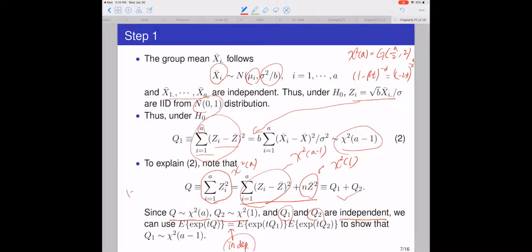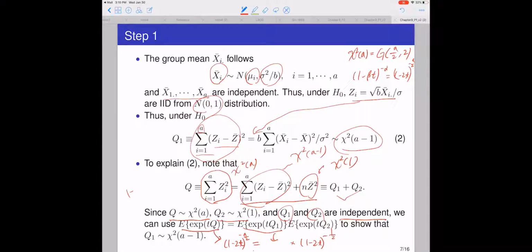So basically the point is this guy is (1 minus 2t) to the minus A over 2, which equals this one times (1 minus 2t) to the minus 1 over 2.